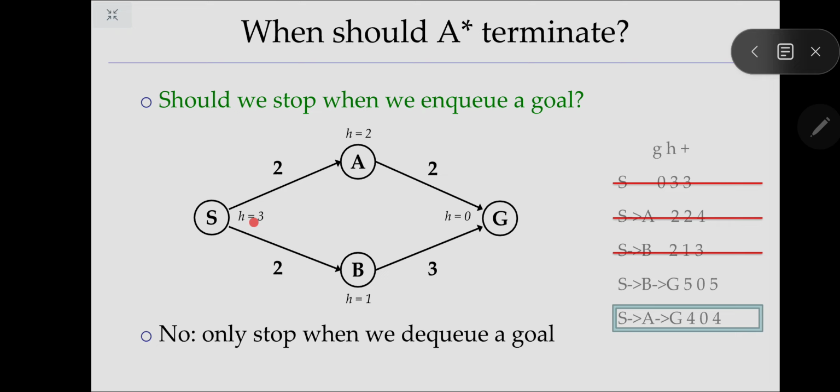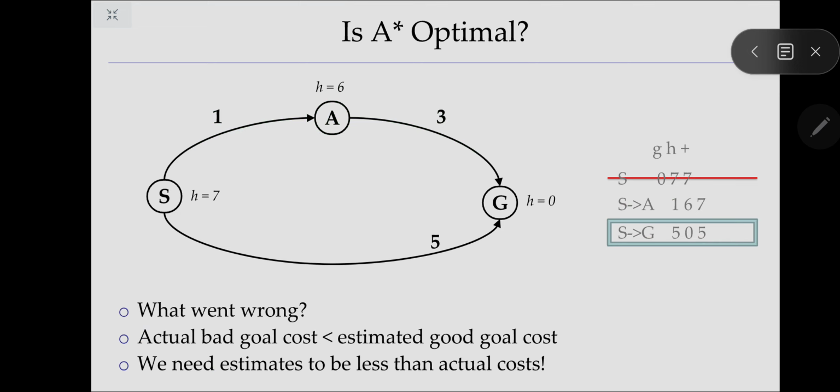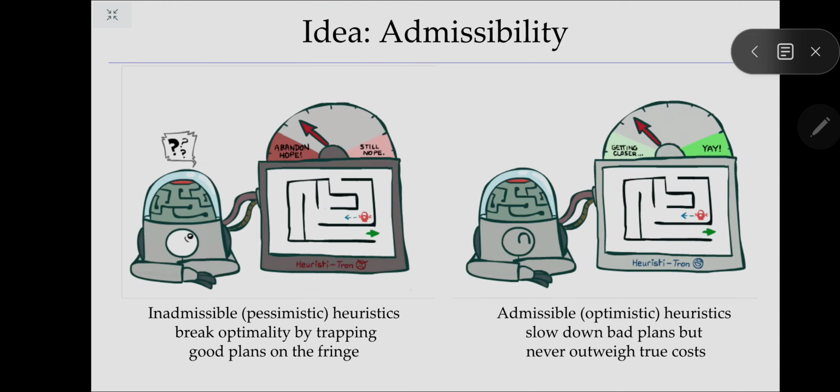Thus, the heuristic is admissible. When the heuristic is admissible, as you see in this example, A star can find the optimal solution, but when the heuristic is not admissible, A star cannot find the optimal solution.